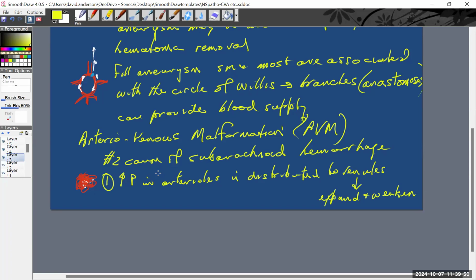So the one thing to consider with this malformation is that there's an increased pressure in the arterioles that gets distributed to the venules that causes expansion and weakening and puts this patient prone to rupture.